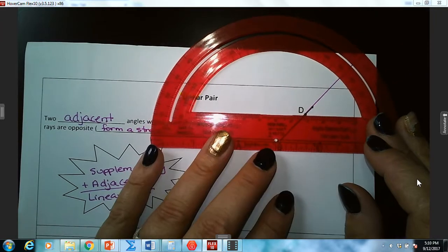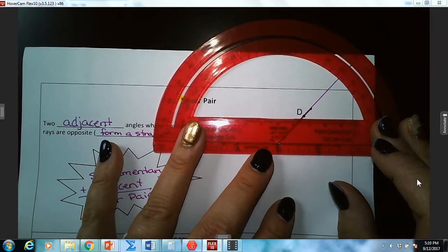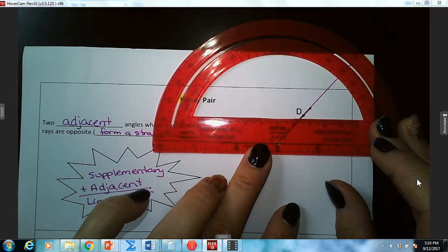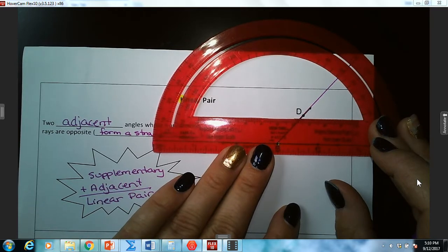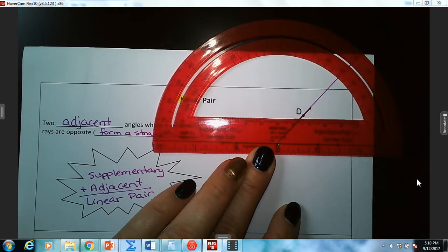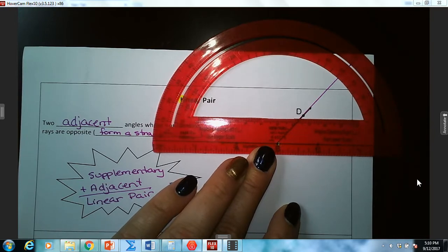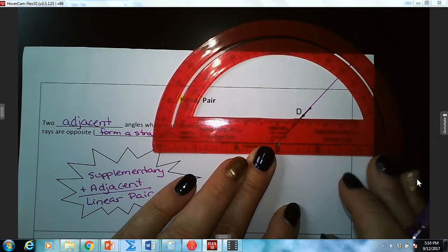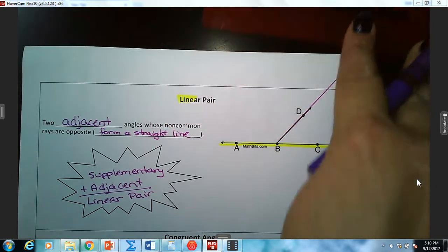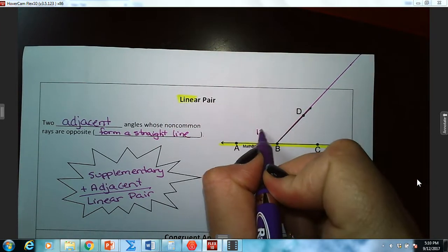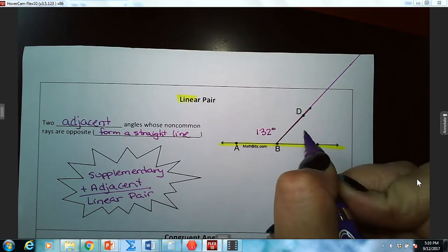Line up my protractor right on the vertex. Measure it out. There we go. And it looks like we're cutting right through 132 degrees. That might be kind of hard to see on the video. 132 degrees. So that means this obtuse angle is 132 degrees.